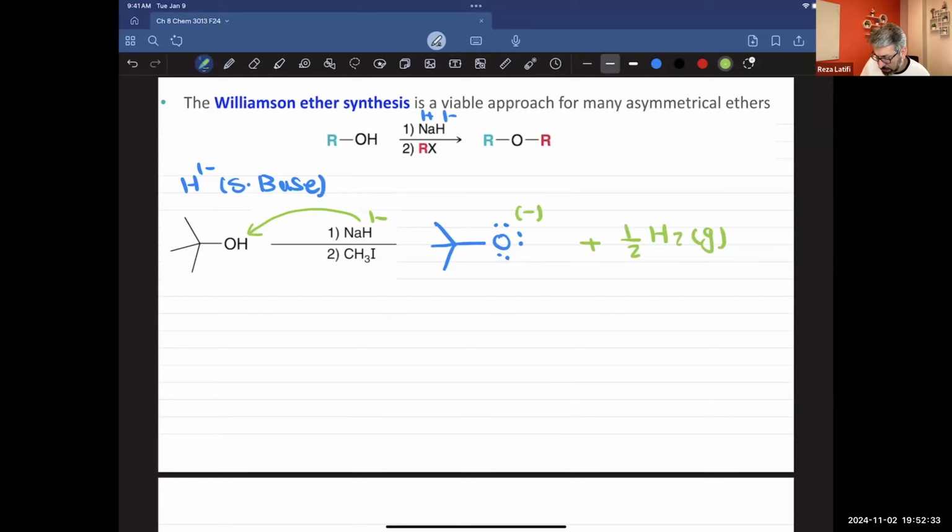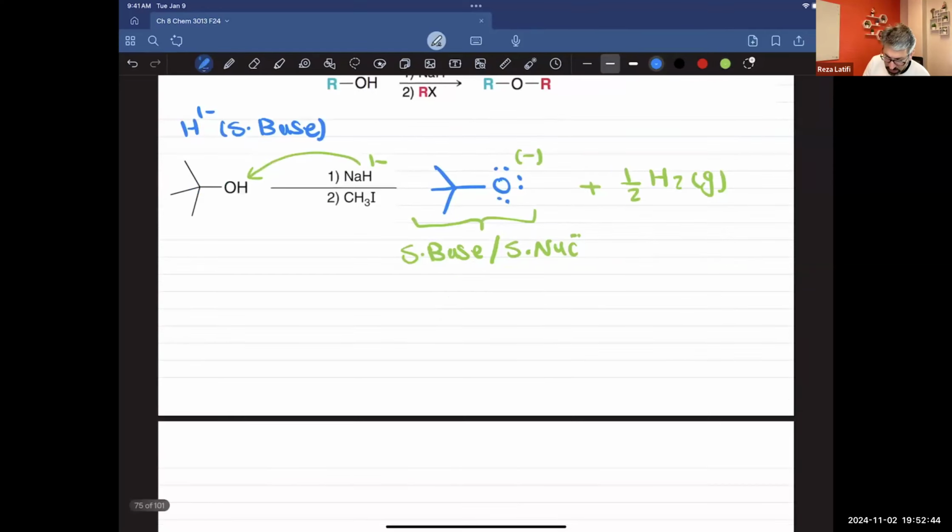Okay, now what will happen to this species? This is a strong base / strong nucleophile. Now, this one is going to react with the alkyl halide because it has a negative charge. It will react with the carbon. So we will have a carbon that has 3 hydrogen atoms, and also there is an iodide attached to it.